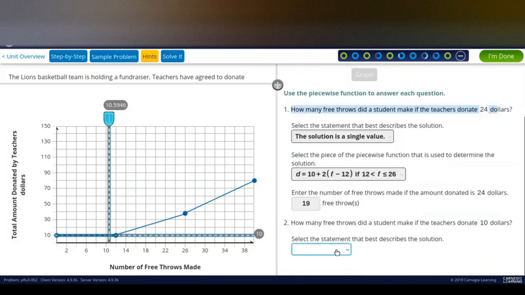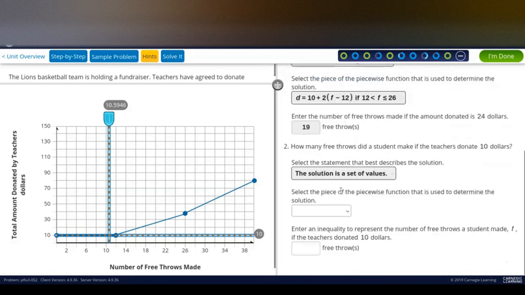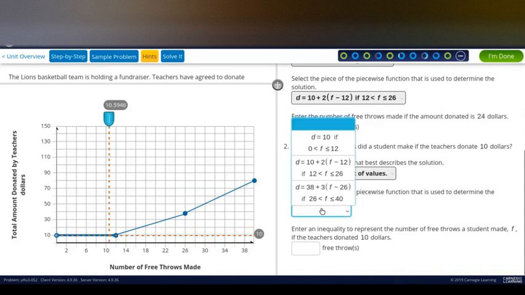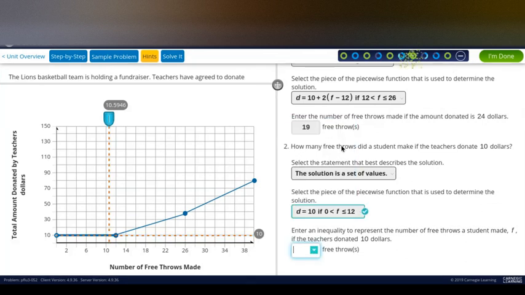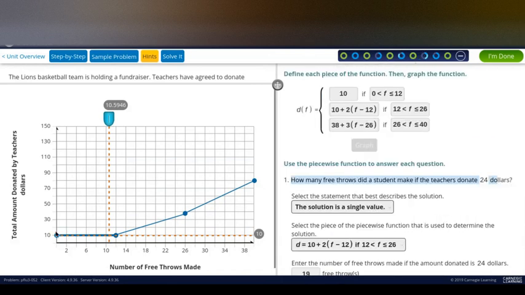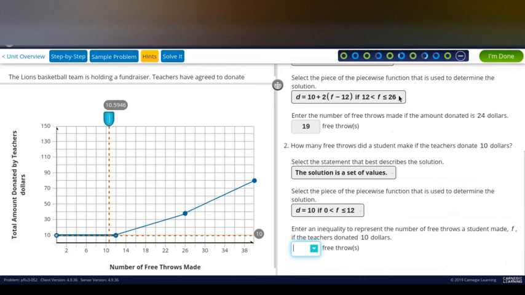So this is going to be an entire set of values because they could have made between 1 and 12 free throws, and that would have earned them $10. So the piece of this is going to be our first chunk when our domain is between 0 and 12. And then the inequality that tells me when this range begins and ends is going to be the same as the one we already wrote, so between 0 and 12. So 0 is less than or equal to f, which is less than or equal to 12.